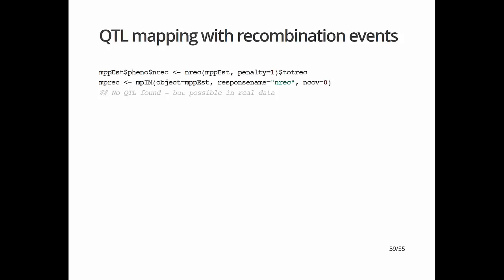All right, so as far as visualization goes, there are a lot of additional libraries. MPMap has some built-in plotting functions, but there are a lot of additional libraries that can be used. I personally try and use ggplot2. It's a bit complicated, but it's easier than Lattice. RCircos is nice for generating circular plots, and I'll show you an example of that.